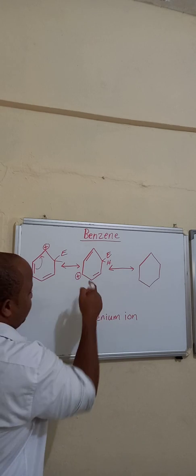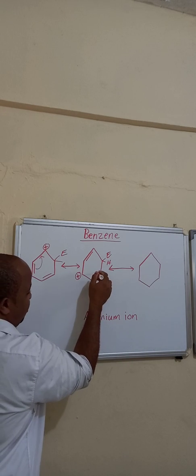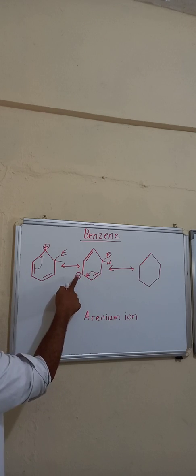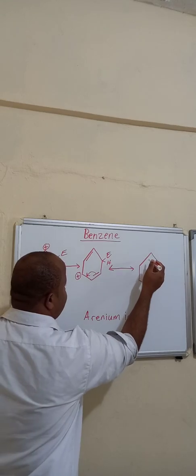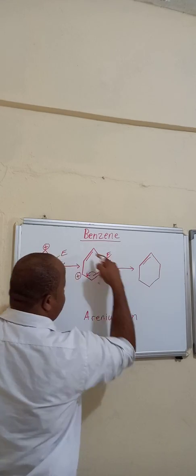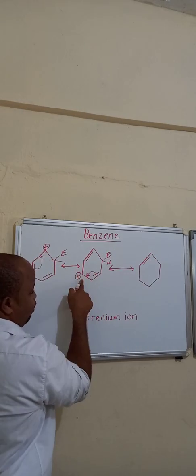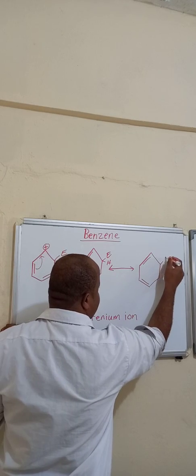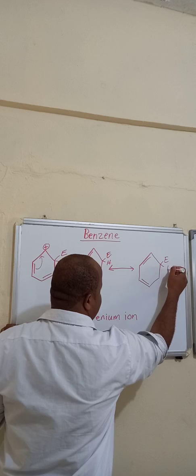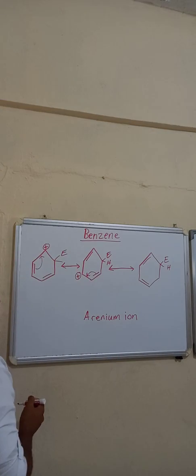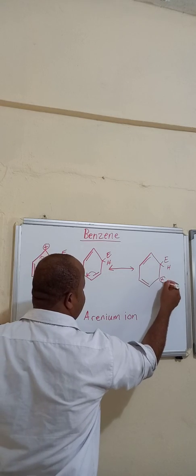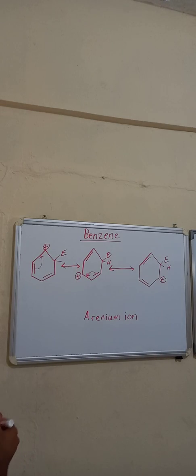And so in benzene, the pi electrons here are going to move over to get rid of this positive charge. So the double bond is here. This one moved over, so it should be here. And so this part now will get the positive charge.